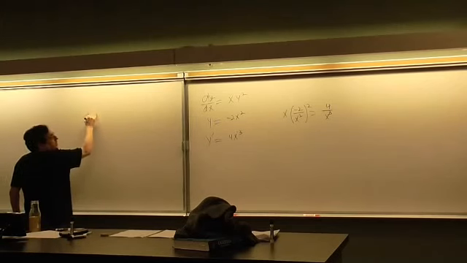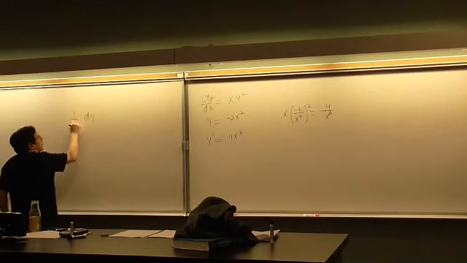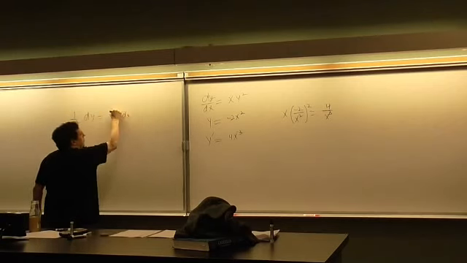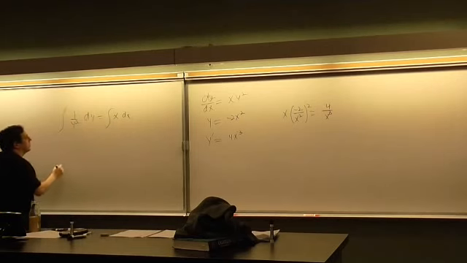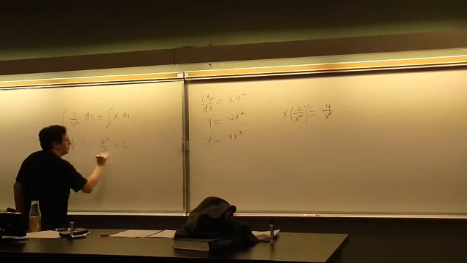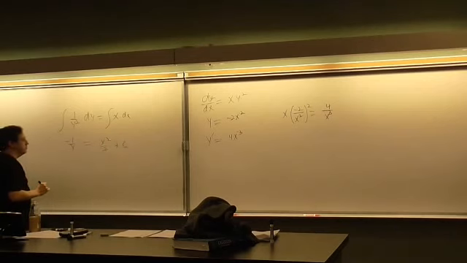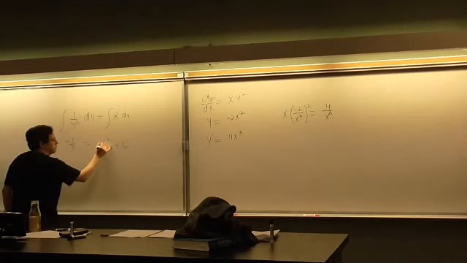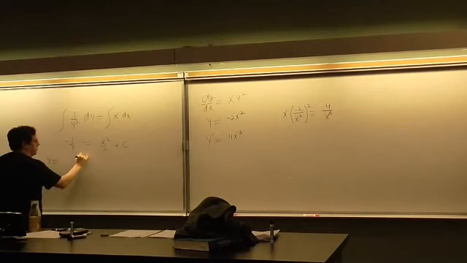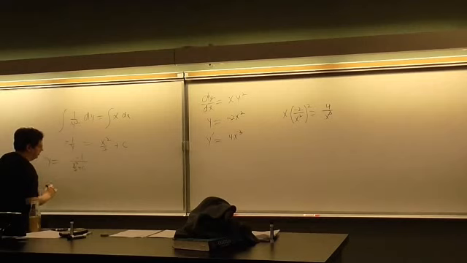So dy over y squared equals x dx. So this should be negative 1 over y equals x squared over 2 plus a constant. Or y equals negative 1 over x squared over 2 plus c.